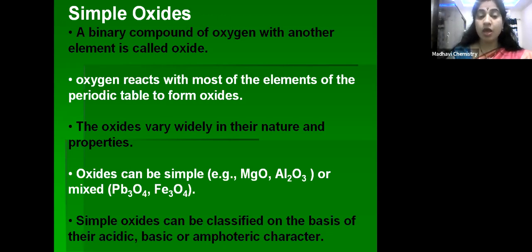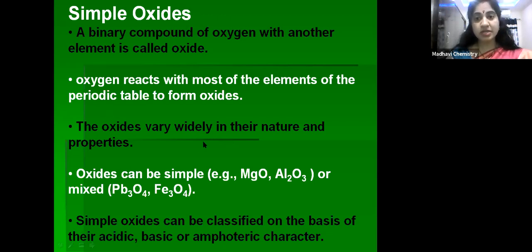Even with some noble gases, like krypton and xenon, oxygen can react. With helium and neon oxygen cannot react. Noble metals like gold and platinum also do not react, but most of the remaining elements can react with oxygen and form oxides.